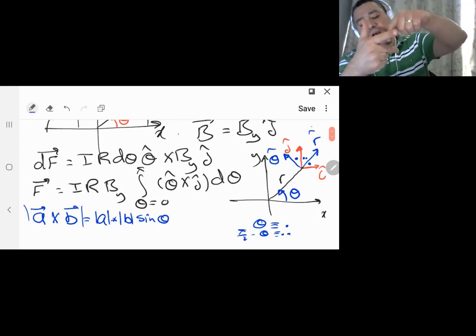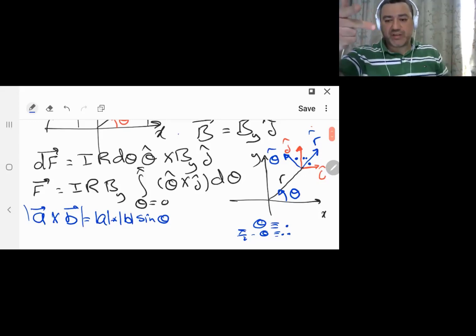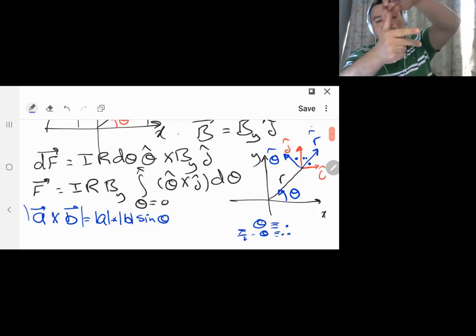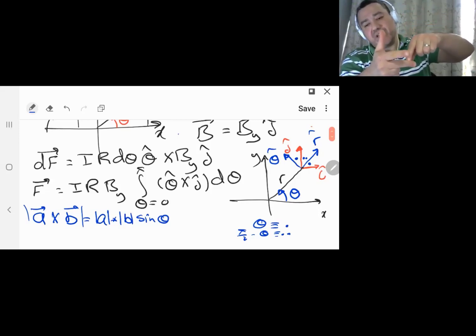Now assume the angle is not 90 degrees, then I should not forget the sine theta. I can still apply the same concept where the cross product is perpendicular to the plane that has A and B, but the magnitude will be different. Why? Because the angle between A and B is not 90 degrees.